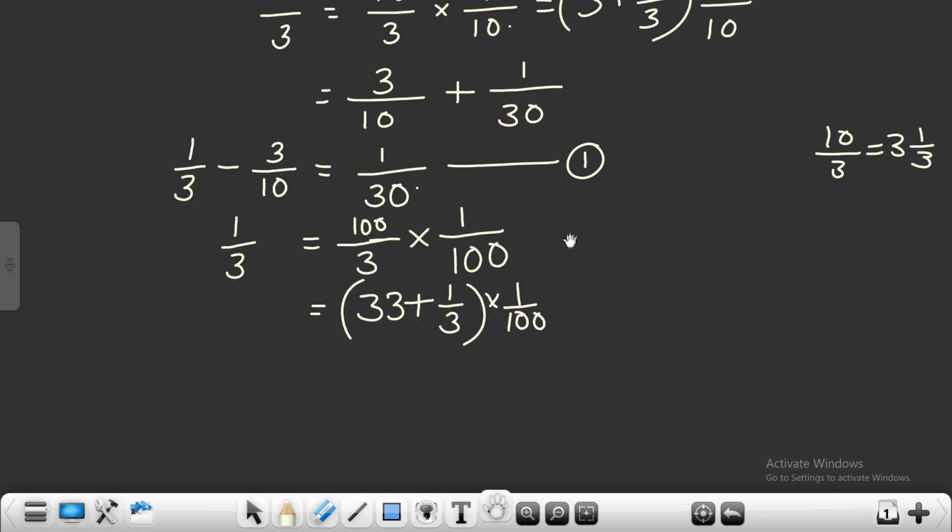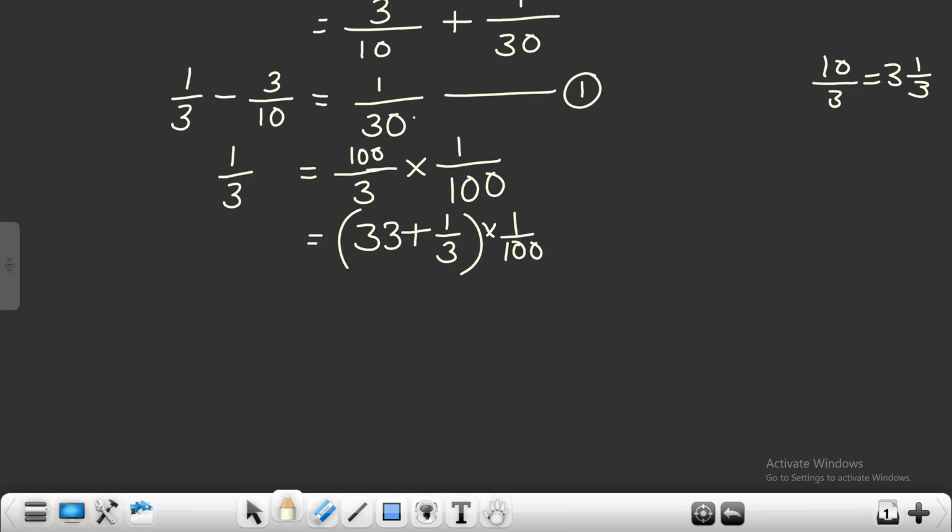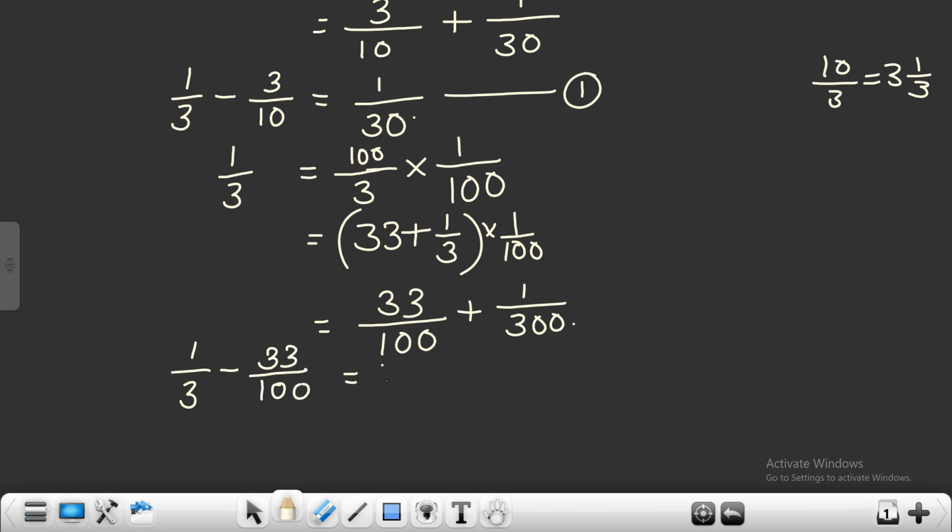As in the above, open the bracket. That is 33 by 100 plus 1 by 300. Now take 33 by 100 into LHS. 1 by 3 minus 33 by 100 is equal to 1 by 300. This is our second step.